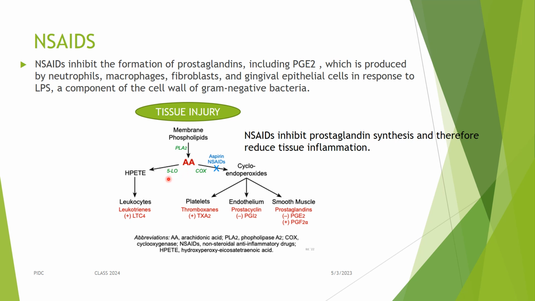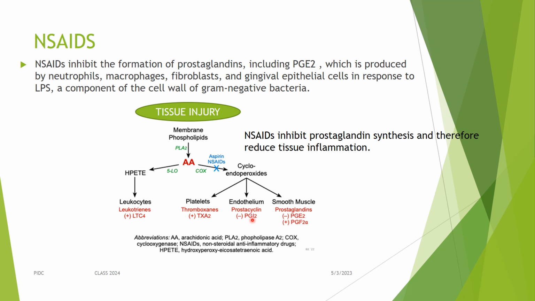One is the lipoxygenase pathway, and another is the cyclooxygenase pathway. When the cyclooxygenase pathway gets activated, it results in the release of certain agents called prostaglandins. In other words, it is the release of your PGE2, PGF2 alpha, PGI2, and your thromboxanes.